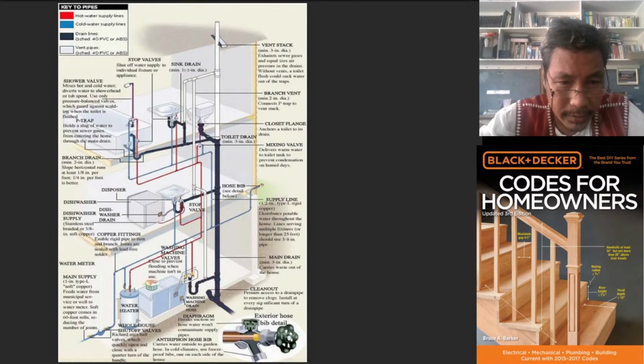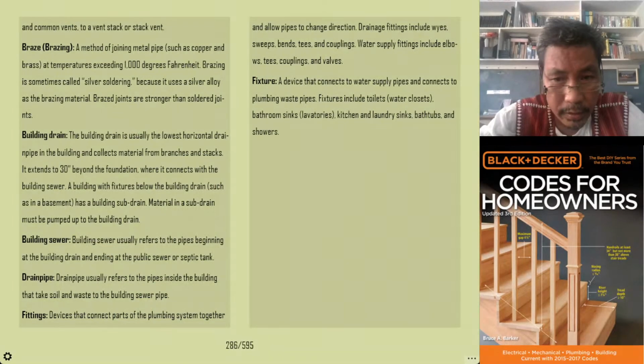Any question about that? Let's continue with what we are talking about. What is a fixture? A device that connects to water supply pipes and connects to plumbing waste pipes.